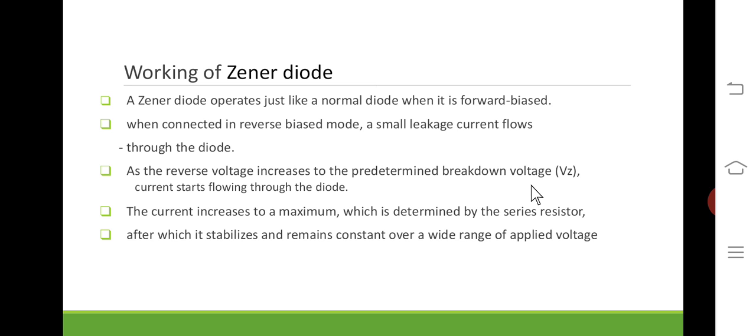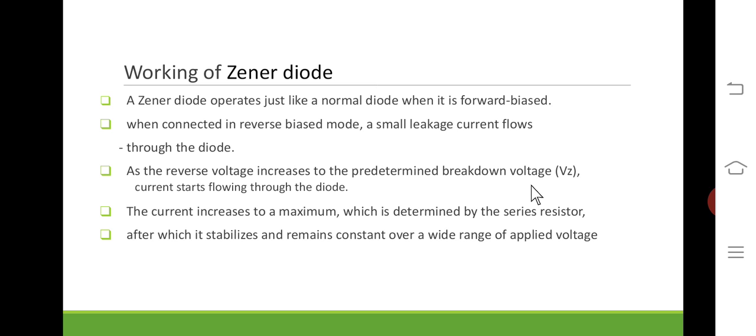When you apply reverse voltage to the PN junction diode and increase it, the same thing happens in the Zener diode also.